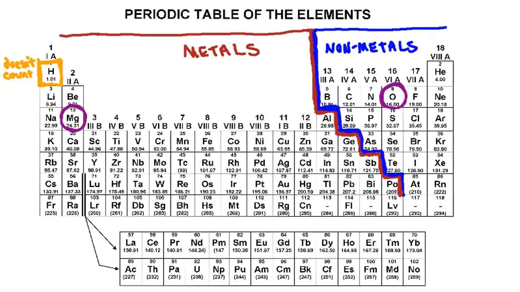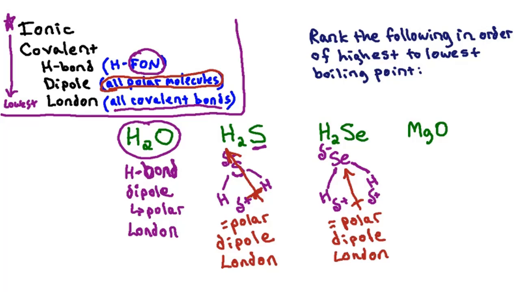So what do we know about this automatically, because it's a metal bonded to a nonmetal? That's right, that means it's automatically ionic. So we can stop right here and know that magnesium oxide is an ionic bond.